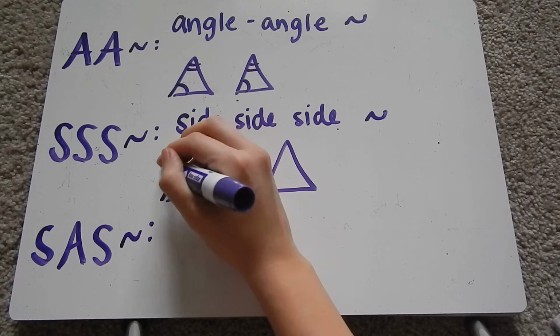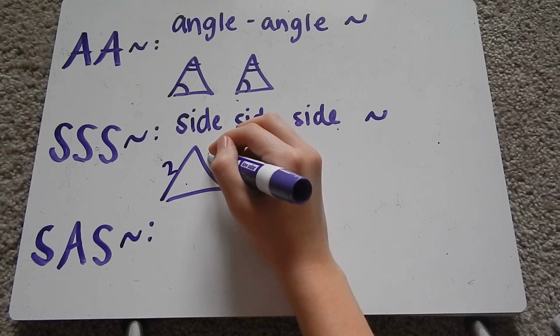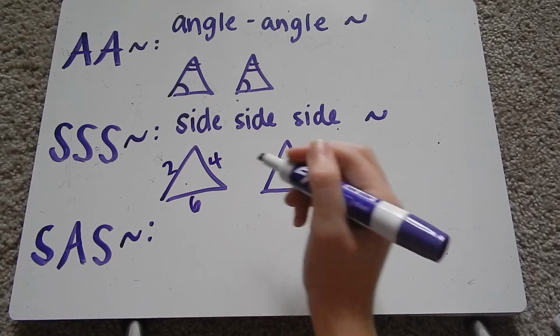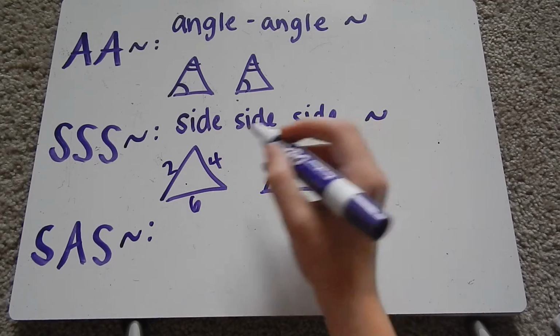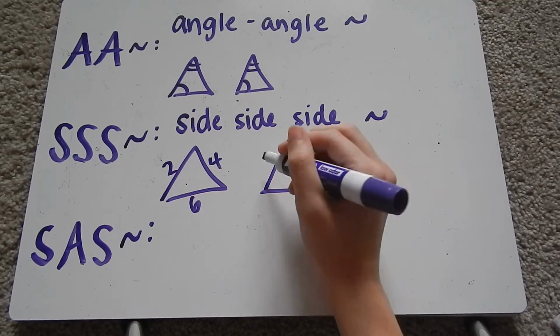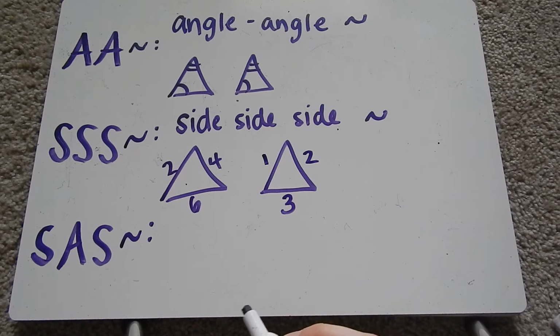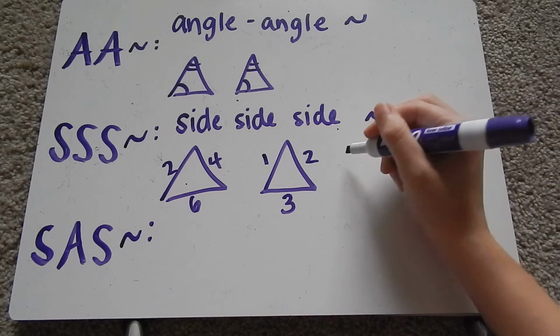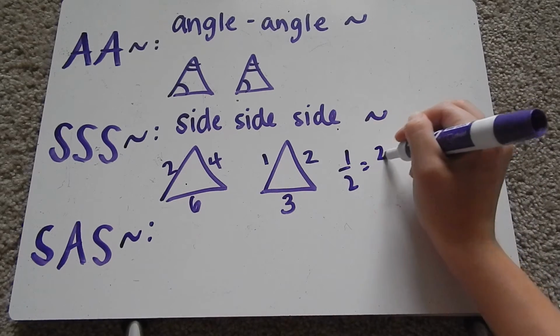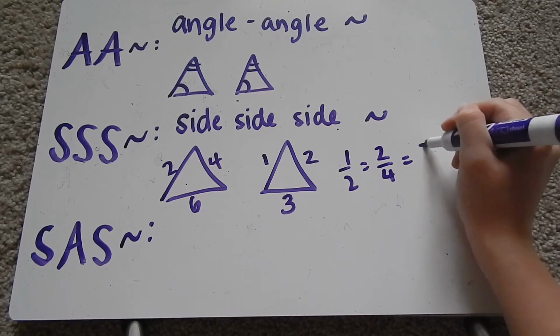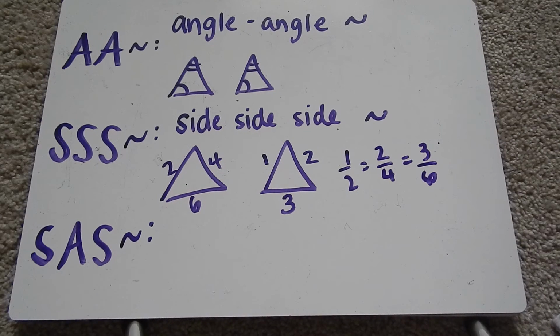So if this was like 2, 4, 6, and this triangle here was half of each side, so this was 1, 2, and 3, this would be side-side-side similarity because all their proportions are equal. 1 over 2 equals 2 over 4 equals 3 over 6. So the sides are proportional, then you have side-side-side similarity.